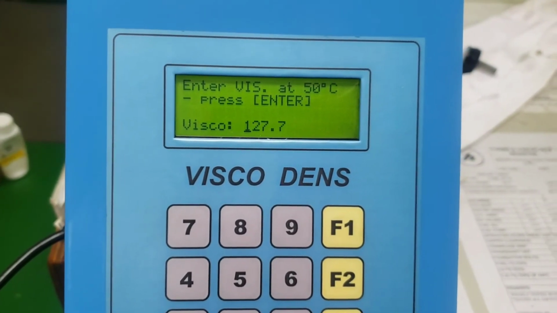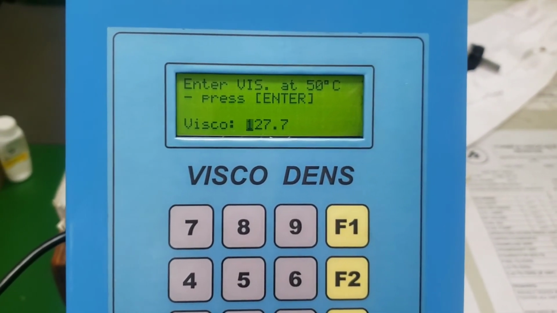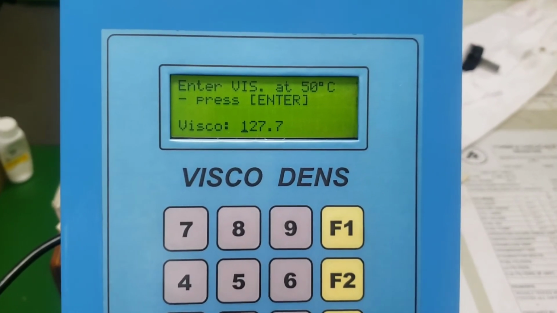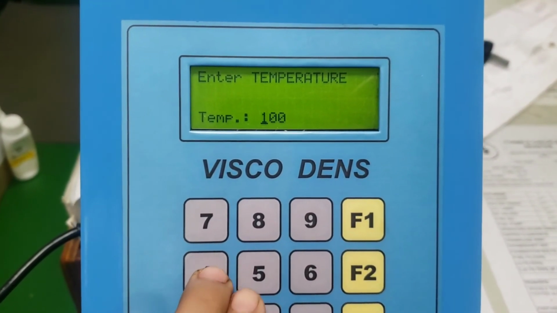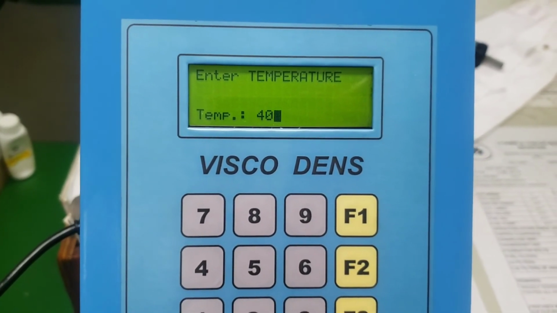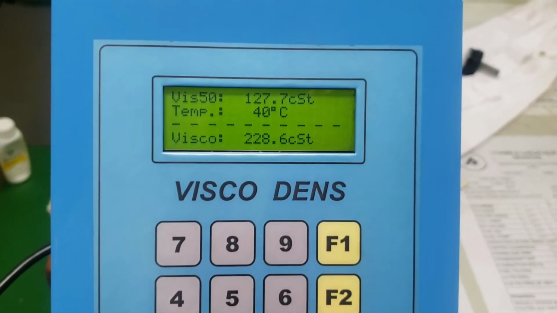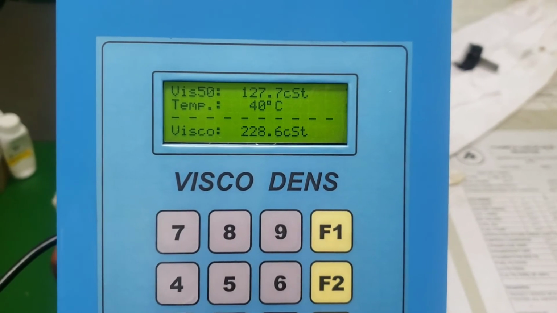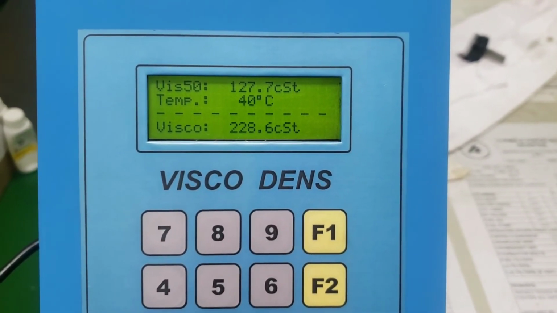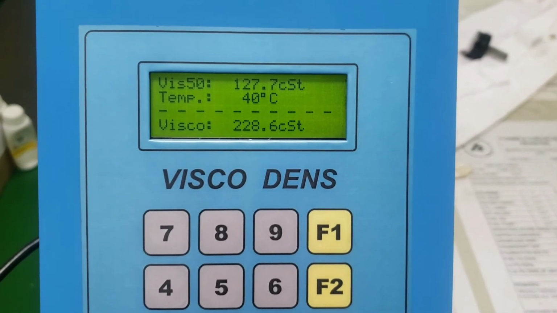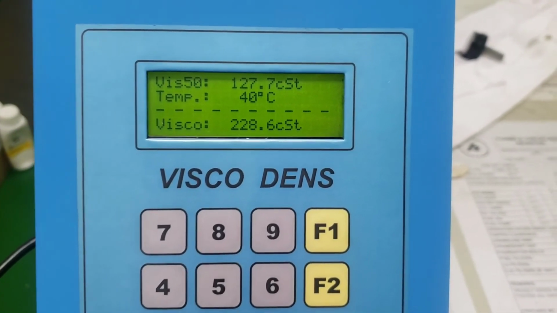So the viscosity at 127.7 centistokes. So we're going to change the temperature to 40. Temperature at 40. The viscosity is 228 centistokes.